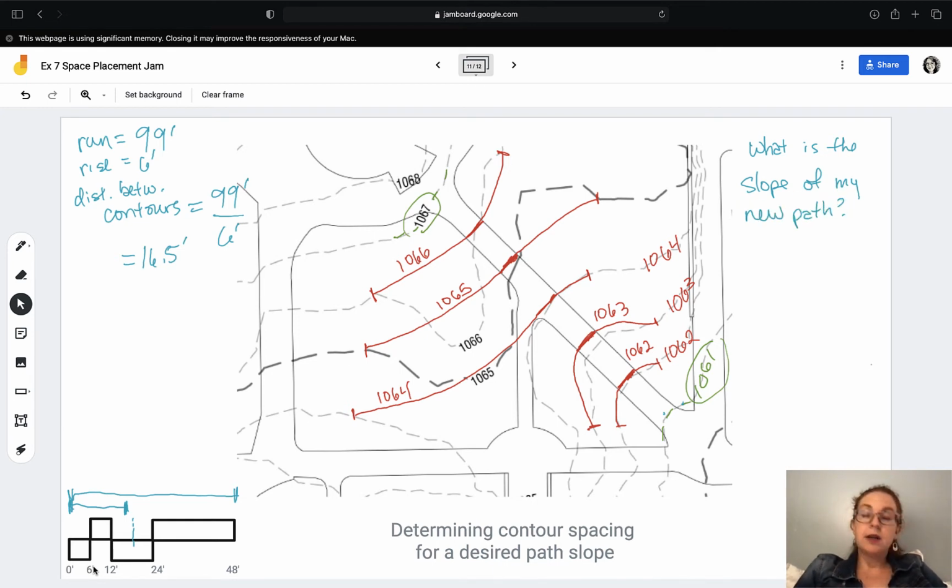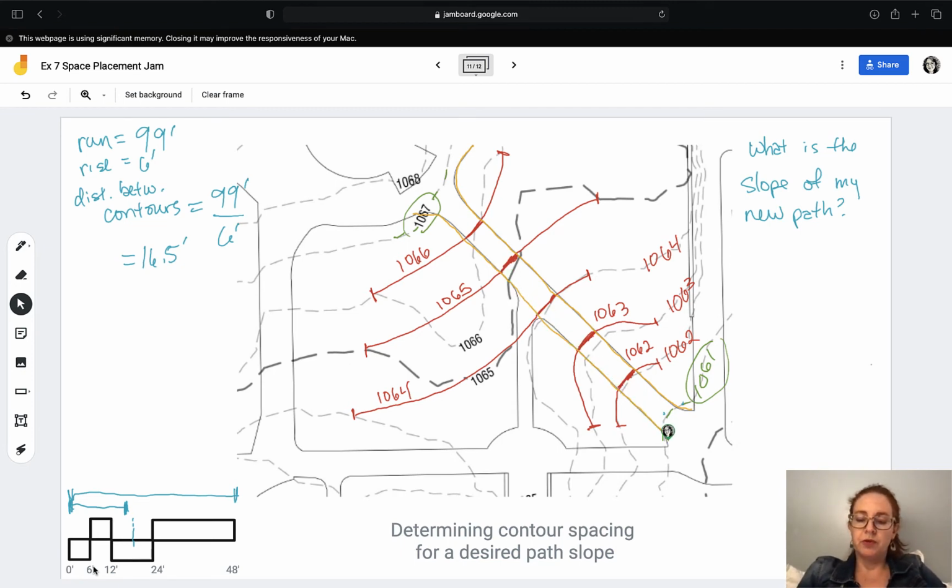Let's assume that I got to bust up this existing concrete walkway, but I had to put it in basically the same place of where it was. So I'm going to draw that sidewalk boundary in this yellow, just so that we're clear that this is still the location of my path.